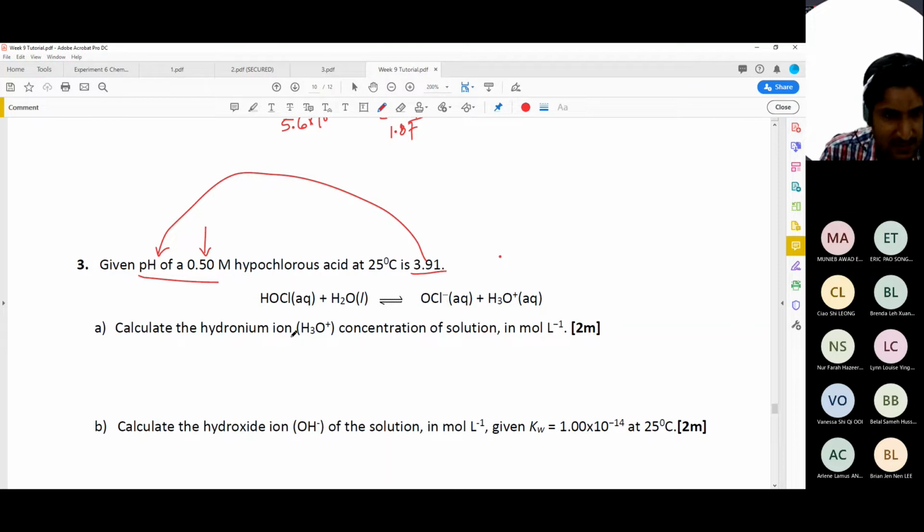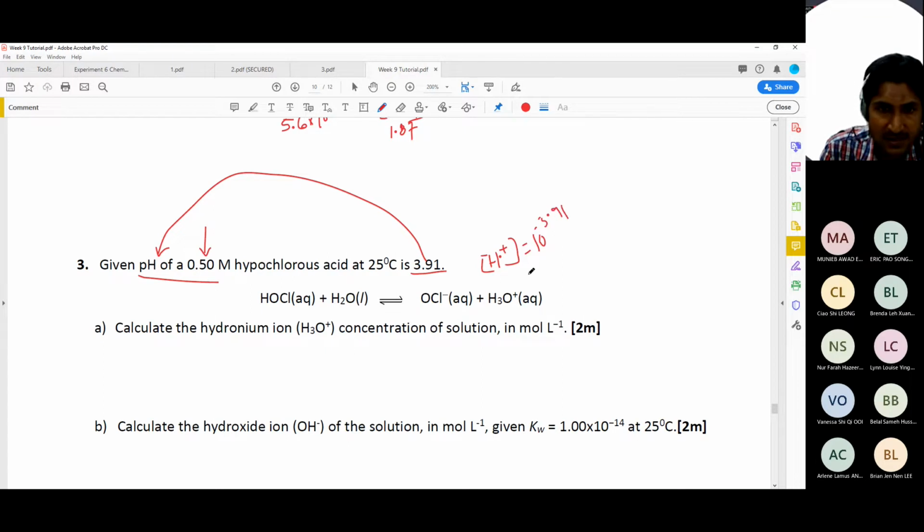Because hypochlorous acid is a weak acid, it does not dissociate fully. So even if it is 0.5 molar, only a small amount of it has been dissociated. And how much has been dissociated? Actually, we can find that from this pH. So the concentration of hydrogen ion we can find is 10 power negative the pH, that is 3.91.